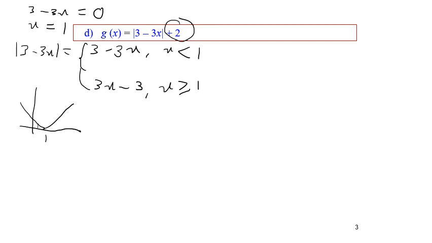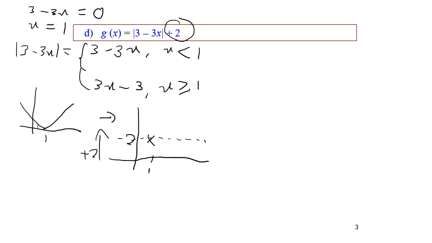So the lowest point here cannot be at 0. So it must be up by 2. Right? So our new graph should be like this. That is, the lowest point must be at 2. So this is also still at 1.